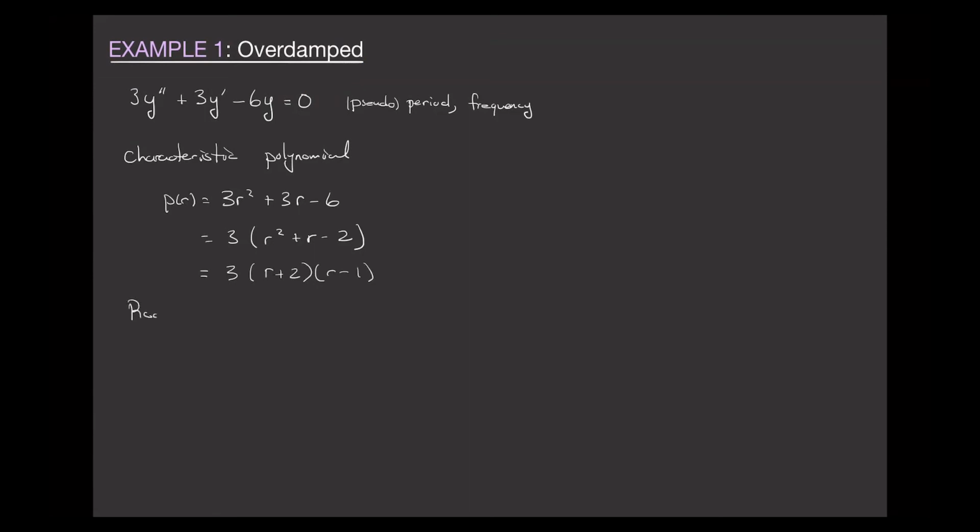So we have roots of r equals -2 and r equals 1. That tells us, since we have distinct real roots, we're going to have a solution that looks like this: c1 e to the -2t plus c2 e to the t.